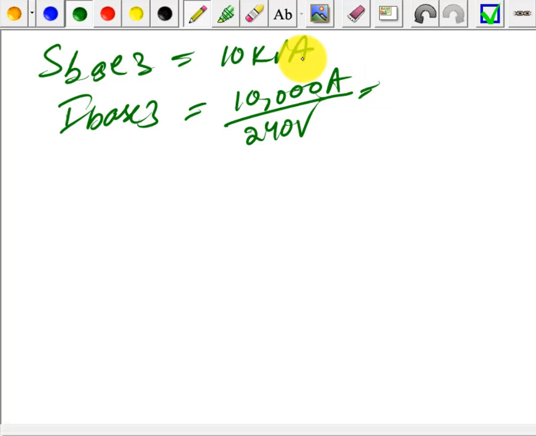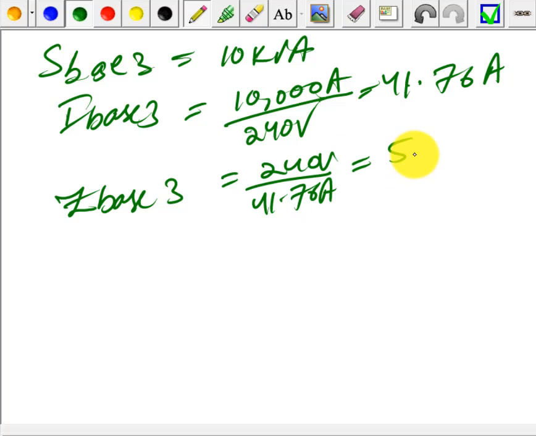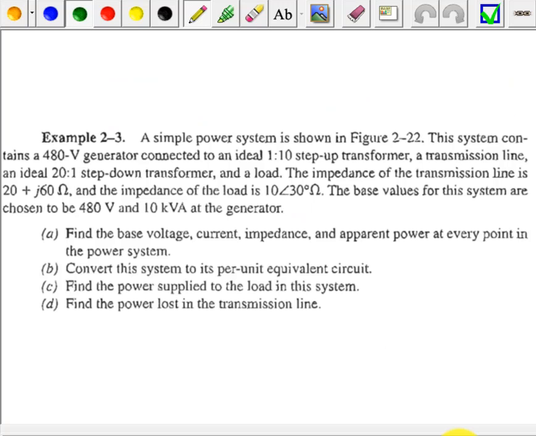So that will be approximately equal to 41.76 ampere. Then we have Z base 3, which is equal to 240 volt divided by 41.76 ampere. So that will be approximately equal to 5.76 ohm.